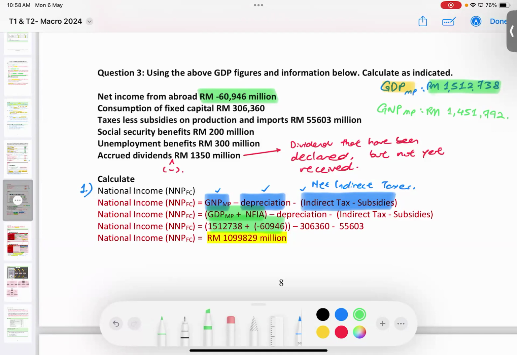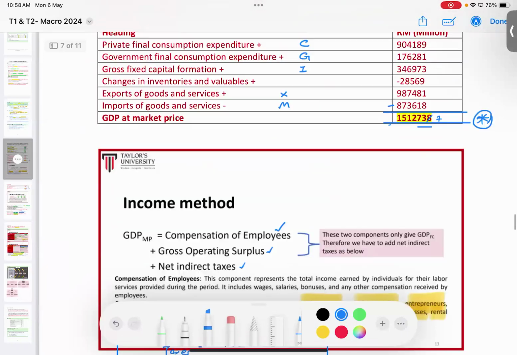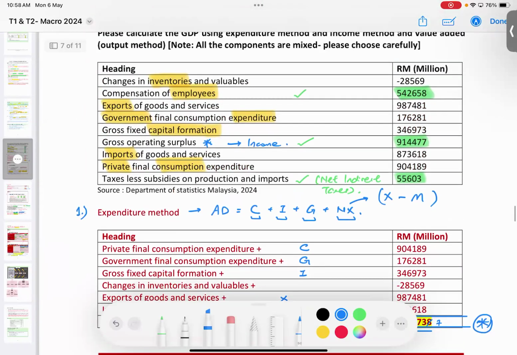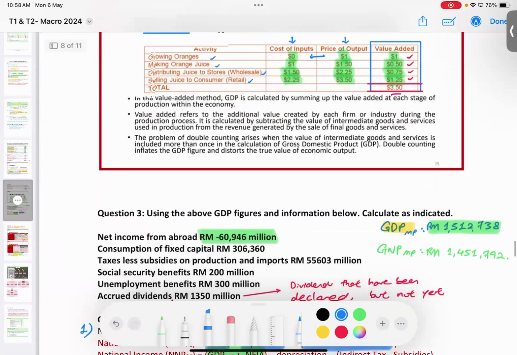So depreciation, you have it from your data here. Depreciation, don't have. I think they want you to refer to up one here also. Depreciation. Is it here? They didn't give the depreciation.